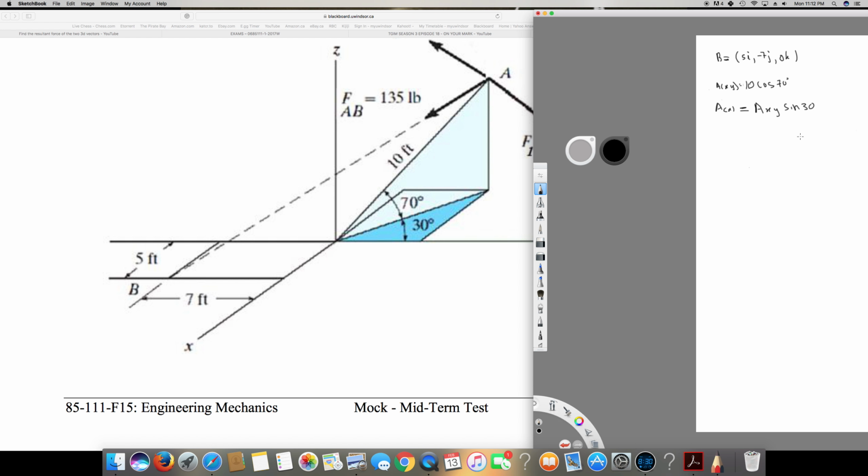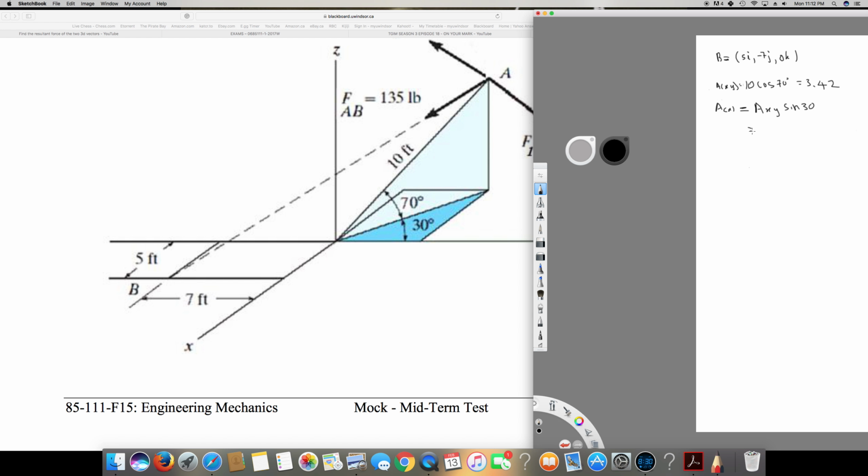Let me bring my calculator. 10 cos 70 is 3.42, so 10 cos 70 sine 30 is 3.42 times sine 30, which is equal to 1.71.